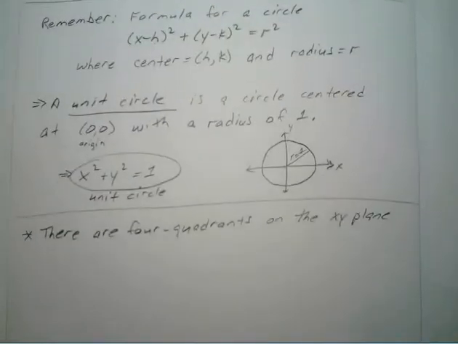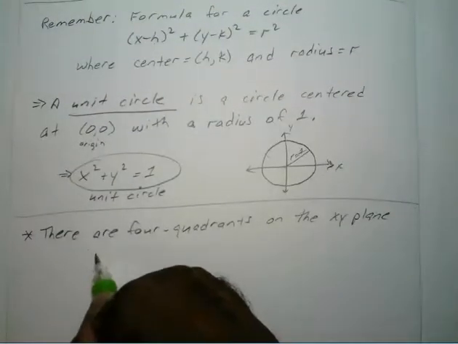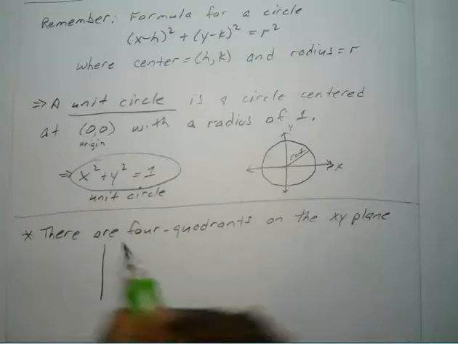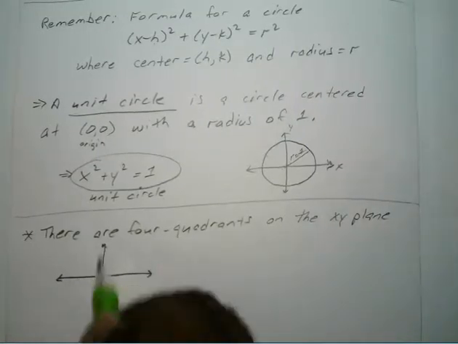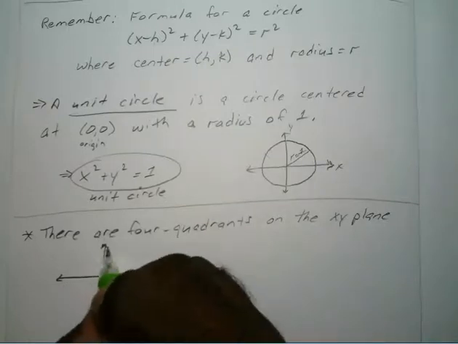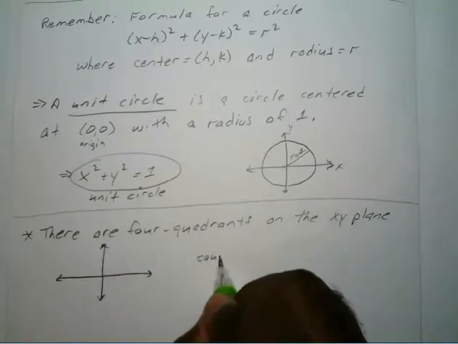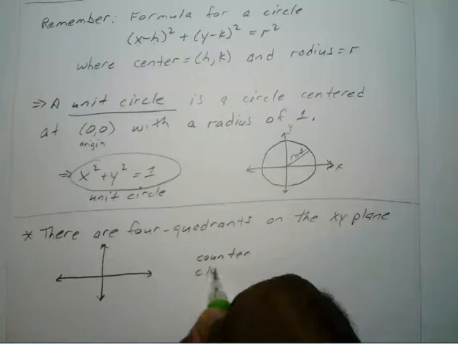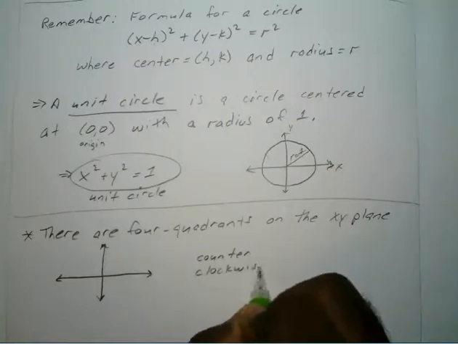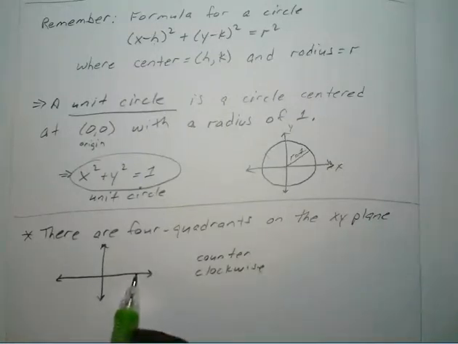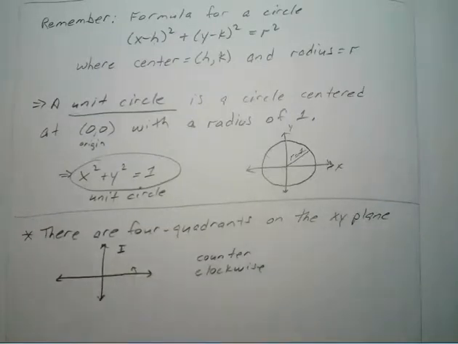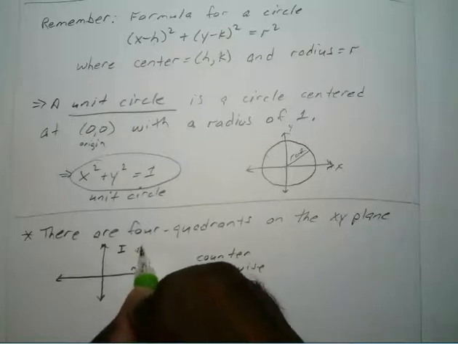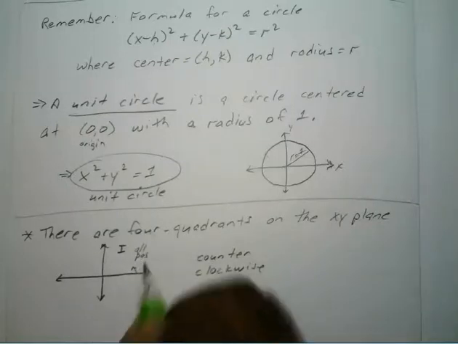Okay, so for those 4 quadrants, just writing them out here. Now you're going to go counterclockwise, which means you're going to start here and go this way. Okay. So this is quadrant 1, where all values are positive.